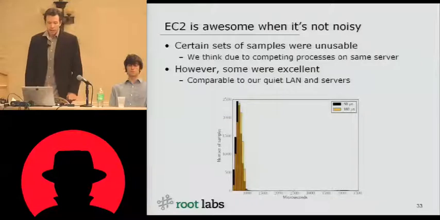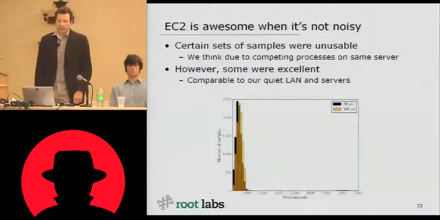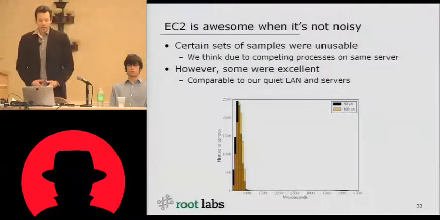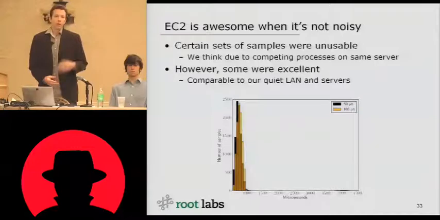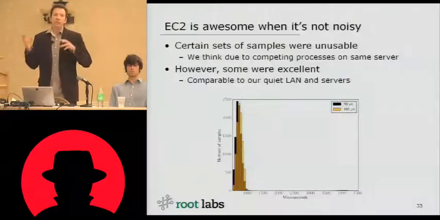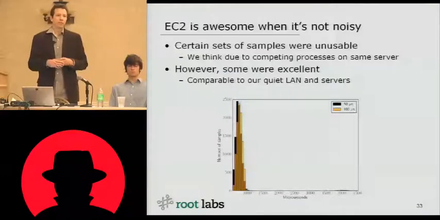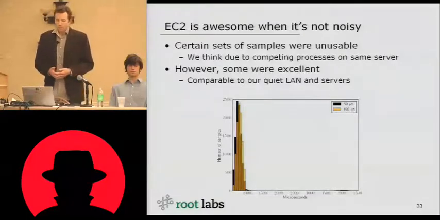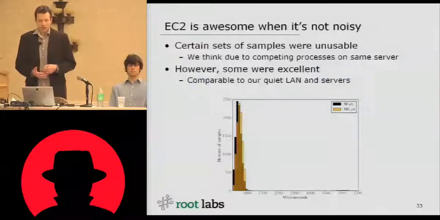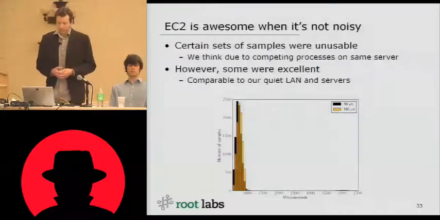Also, EC2 is really awesome when it's not noisy, but it can be really bad when it is. Certain sets of our samples were completely unusable, and we think this could be due to competing VMs. While the Rice University talk focused on competing processes on the same physical box, for instance, scheduling Apache processes, we think that the scheduling algorithm or something related to the Xen hypervisor that's used by EC2 may be more dangerous to taking good samples.